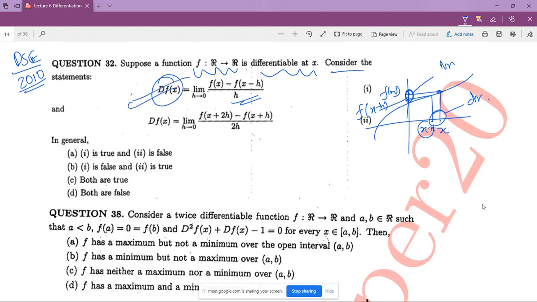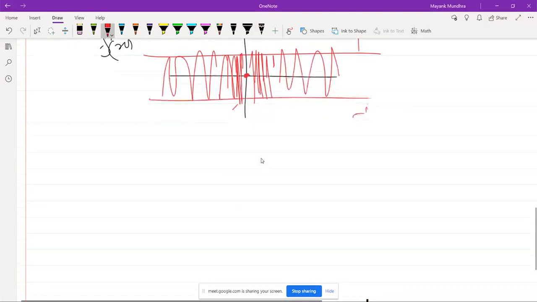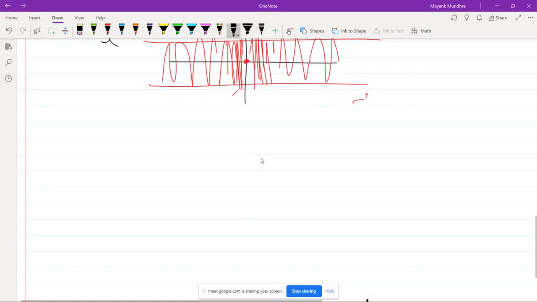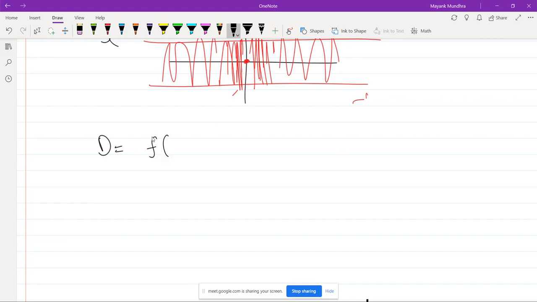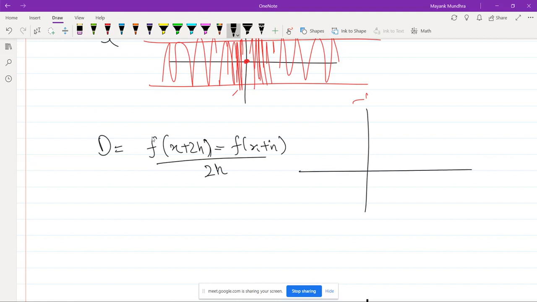All right, what is not true is this thing. This thing will not be true, because what's happening is, let's say you have any function. Let me write down what this definition says. So d is equal to f of x plus 2h minus f of x plus h upon 2h. Okay, so why this won't be true?